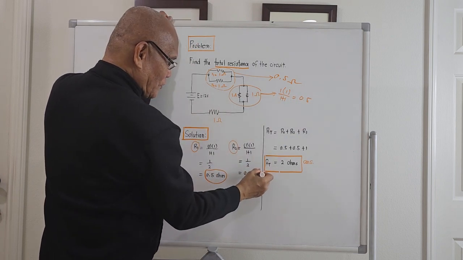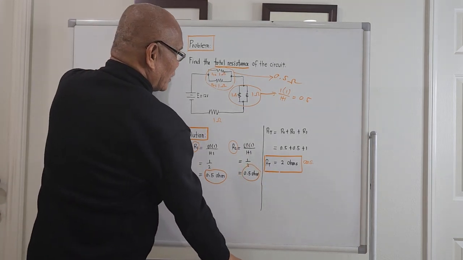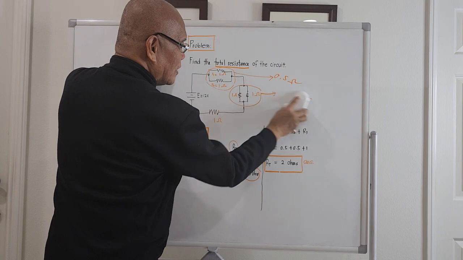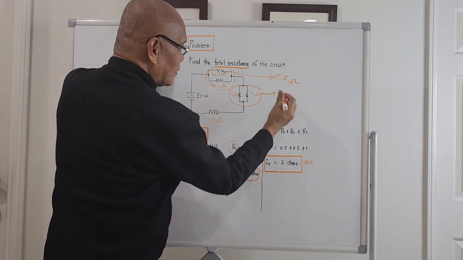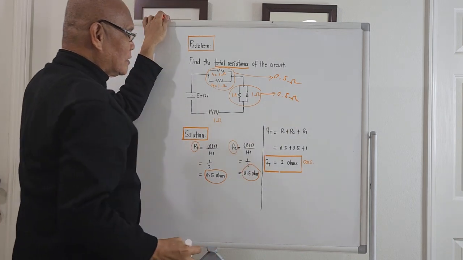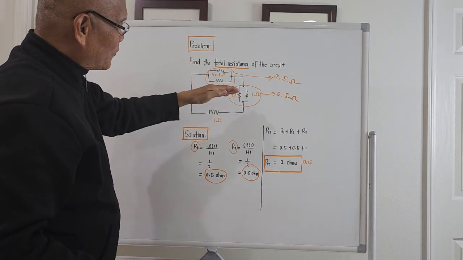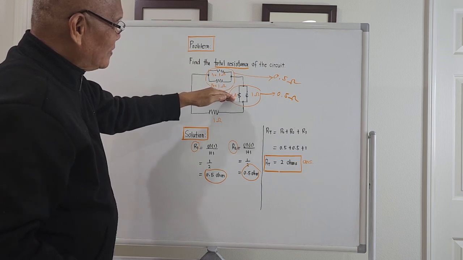So this is also 0.5 ohm. We compress this one already. We compress this one. Okay?